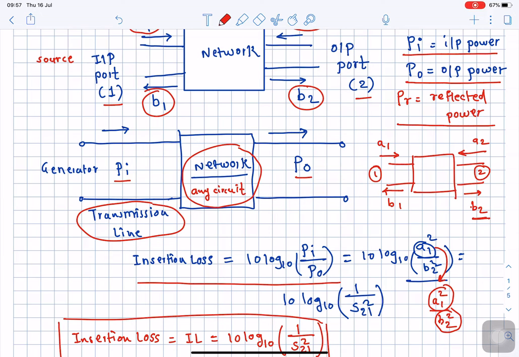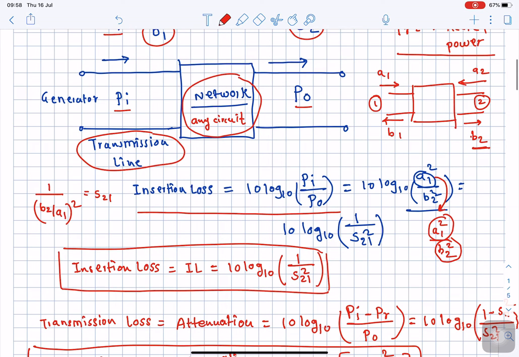So what will I get? 1 divided by B2 by A1 whole square. I can write the same equation like this. What is B2 by A1? B2 by A1 is nothing but S21, from 1 to 2, right? So insertion loss is then finally given, in terms of scattering parameter, with this equation. Insertion loss, in short, is called IL, standing for insertion loss.